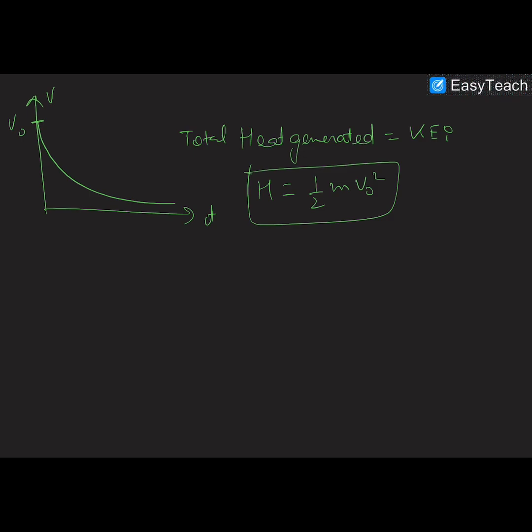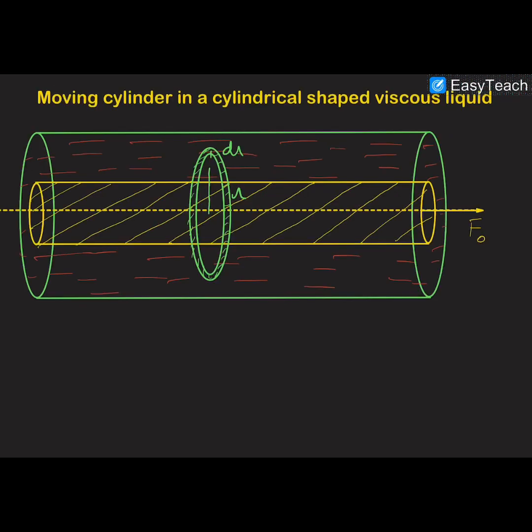Okay, so this is the simple case. In the second case, the layer of oil has non-negligible thickness, which means that we cannot neglect that thickness.